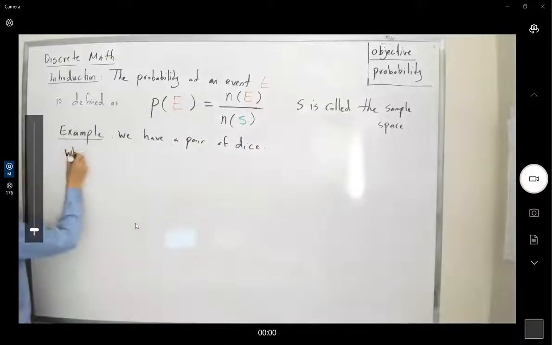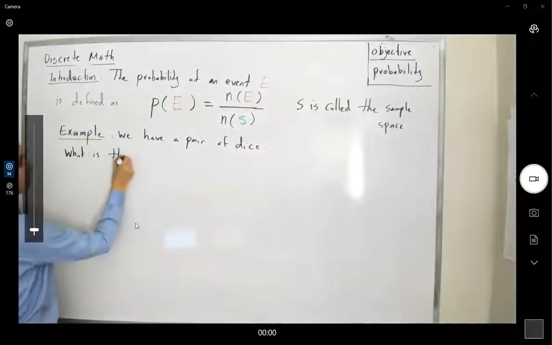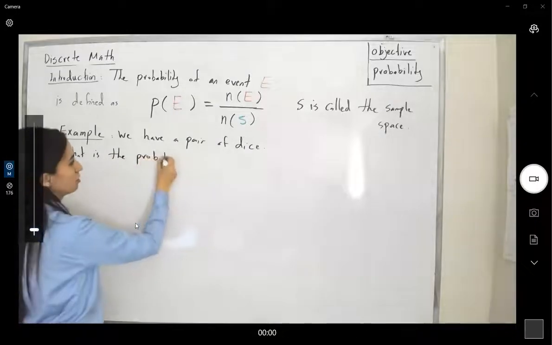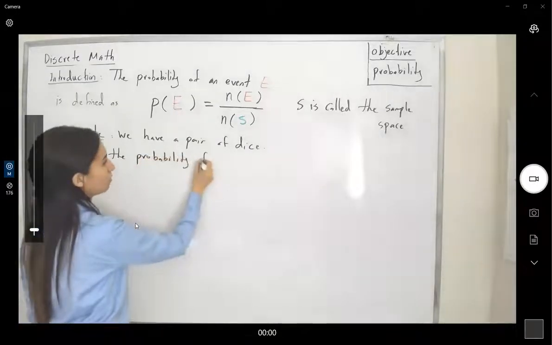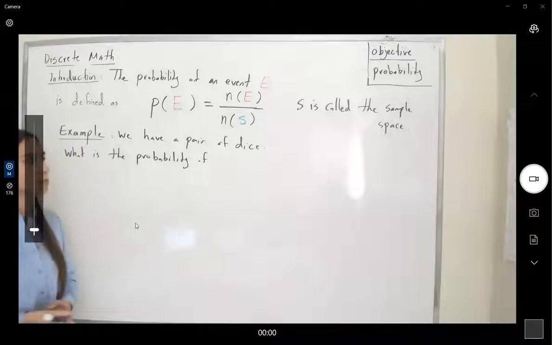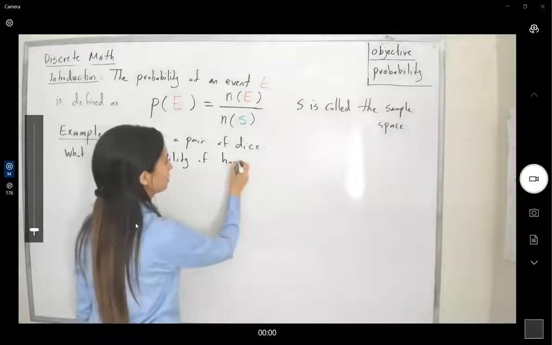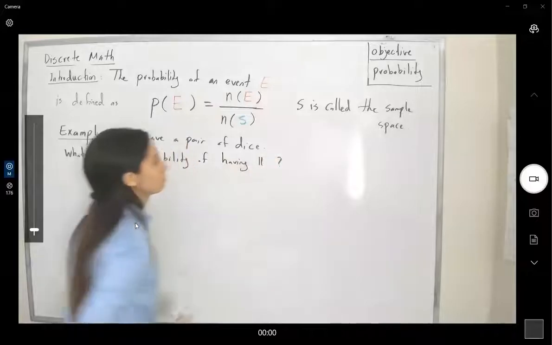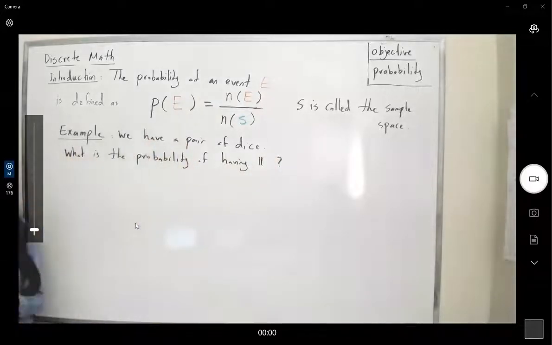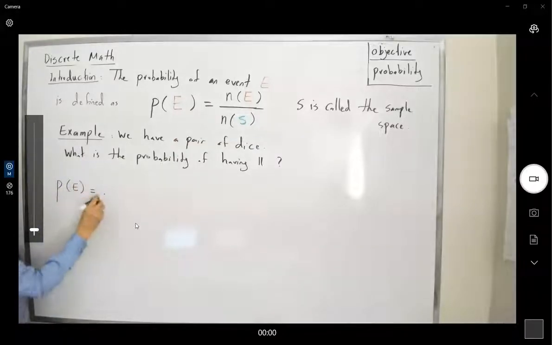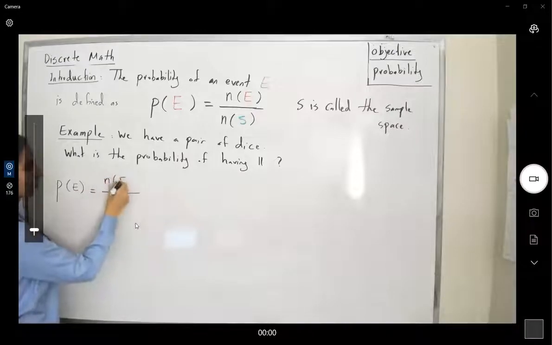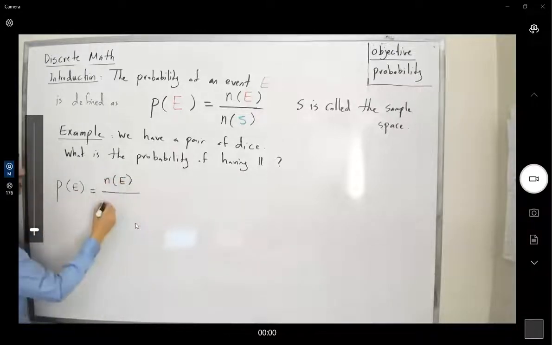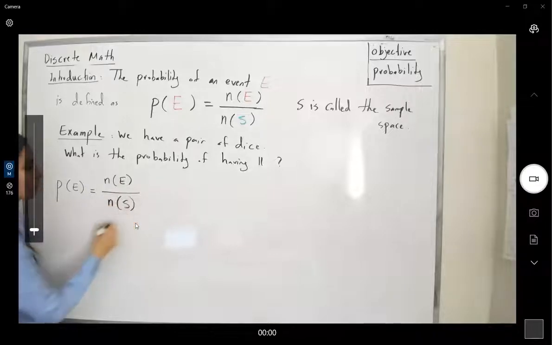What is the probability of having, for example, 11? So we have a pair of dice. Well, the probability of this event is equal to the cardinality of the set of that event divided by the cardinality of S.